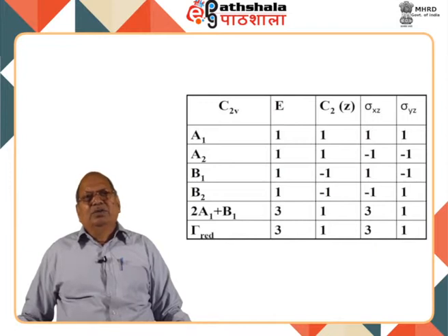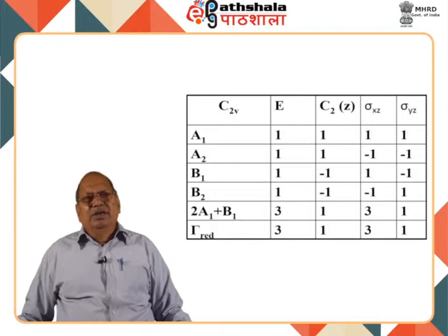And I just want to reduce this to irreducible representations A1, A2, B1 and B2. Now, if I simply add 2A1 plus B1, that is, take the irreducible representation A1 two times plus B1, I get the characters 3, 1, 3, 1, which is the same as tau reducible.